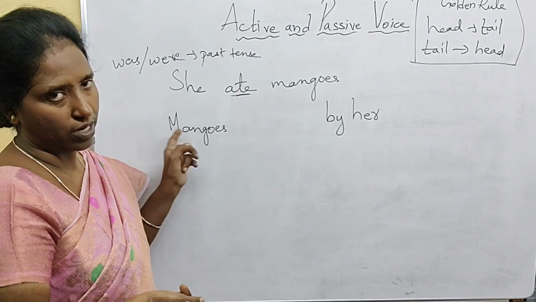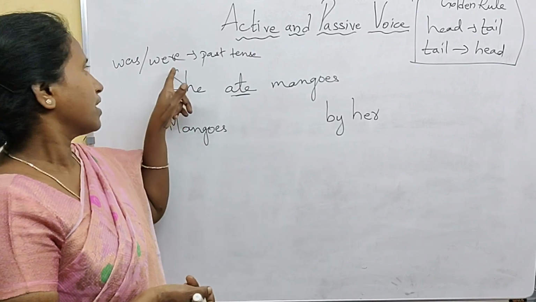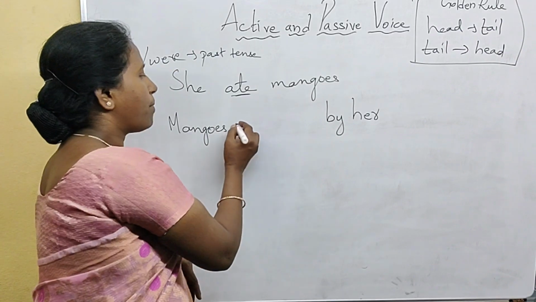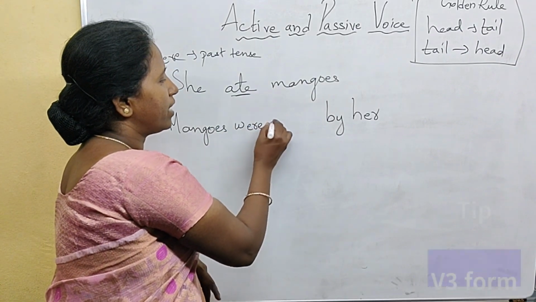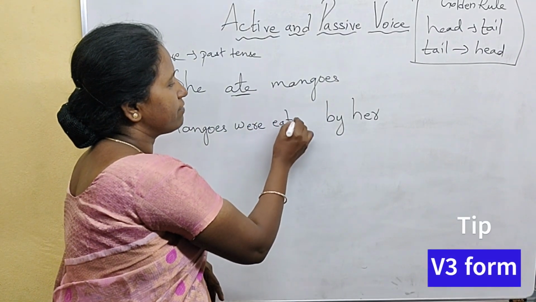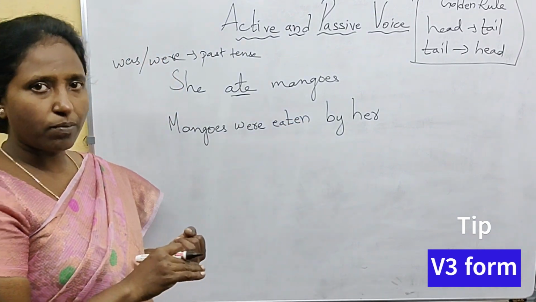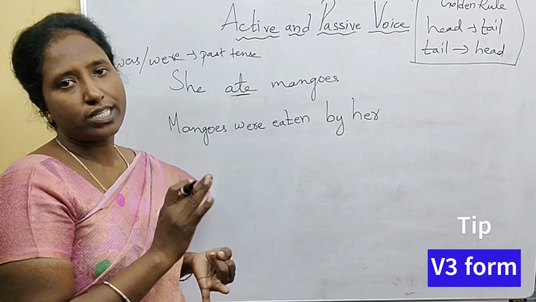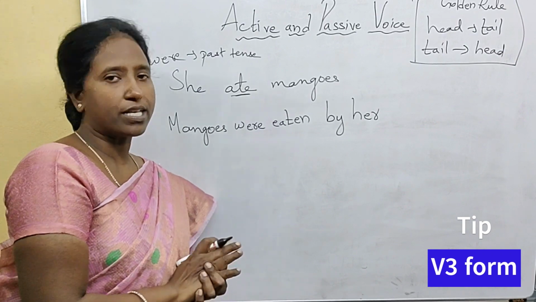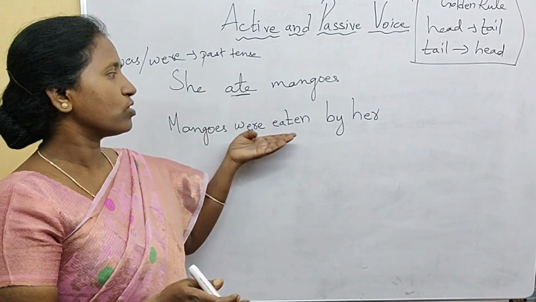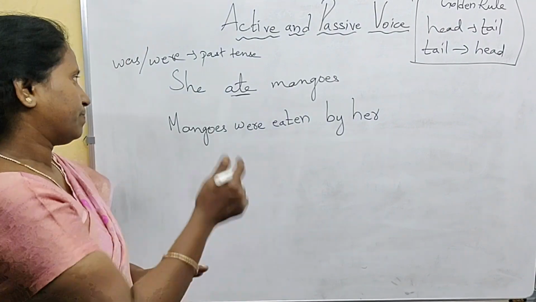Mangoes, it is plural. So which will you take? Yes, it is were. Okay, mangoes were eaten. Eaten is a V3 form. V1, V2, V3. V1 is the verb, the root form. V2 is the past tense form. V3 is the past participle form. Mangoes were eaten by her.